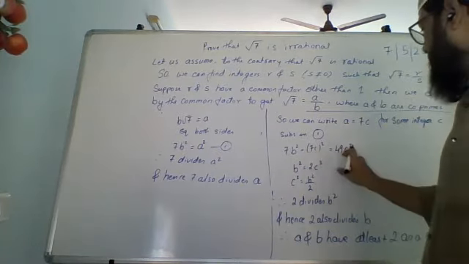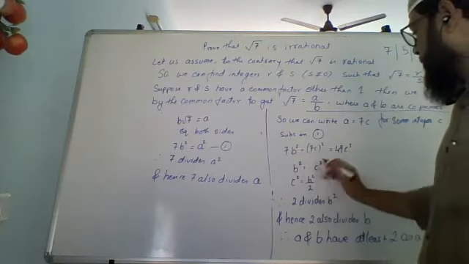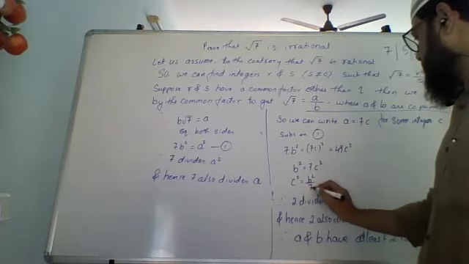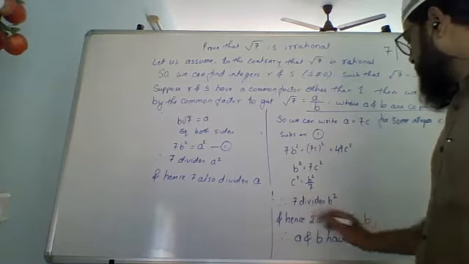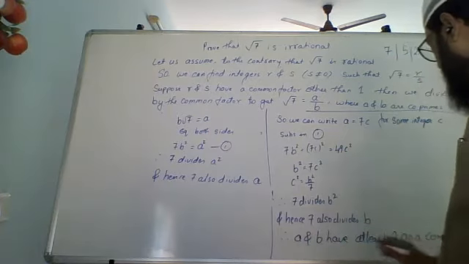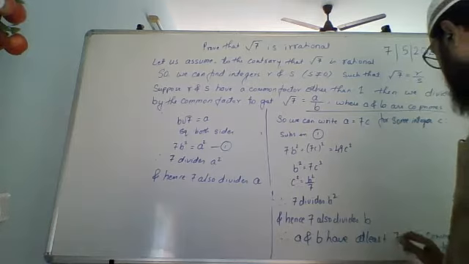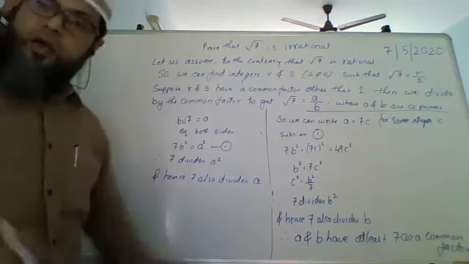If I divide by 7, this 7 will cancel and this will become 7c square. Therefore, 7 divides b square, hence 7 also divides b. Therefore, a and b have at least 7 as a common factor.